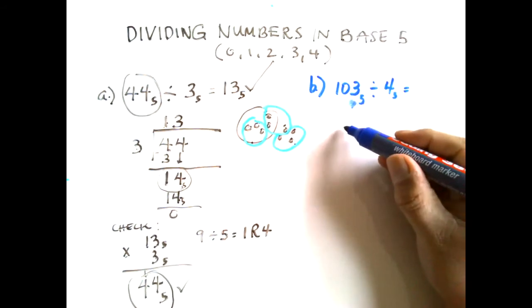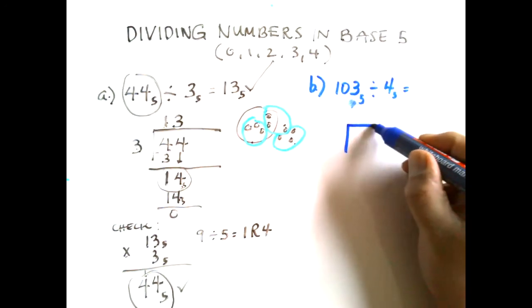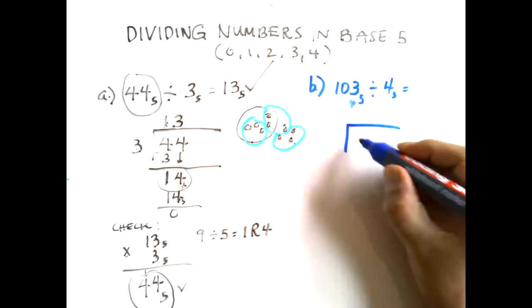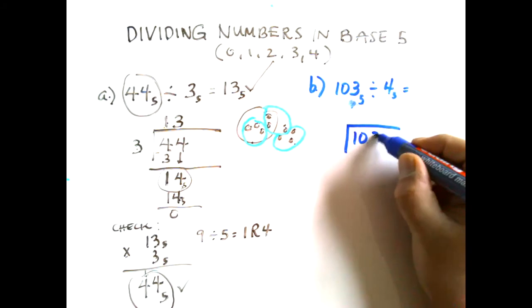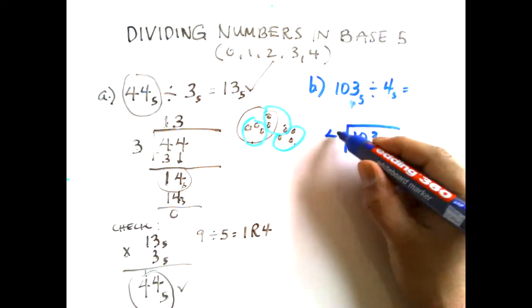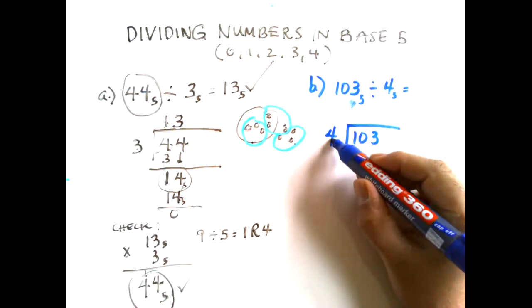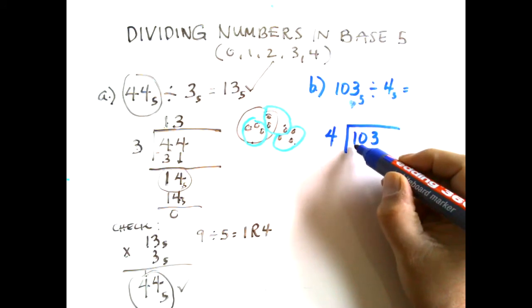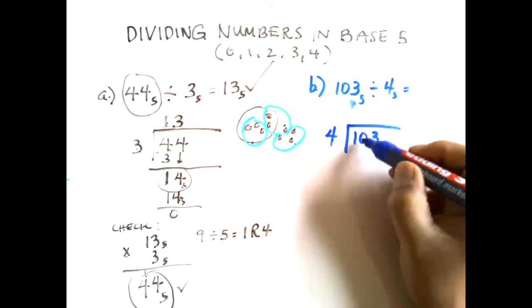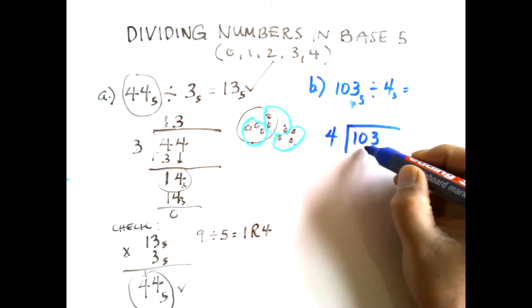We'll do the bust up method again. So here is 103 and 4. How many 4s go into 1? Well, 0. So how many 4s go into this?